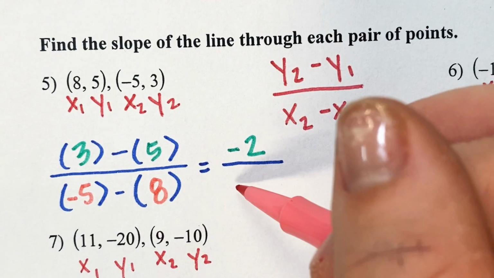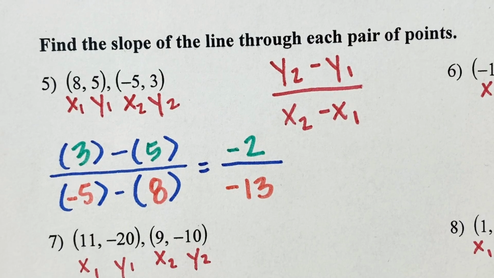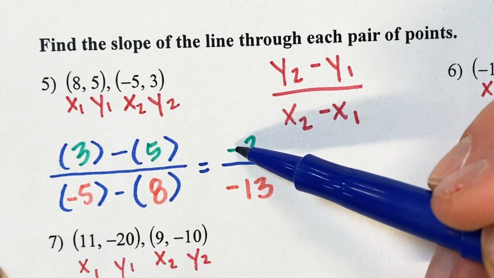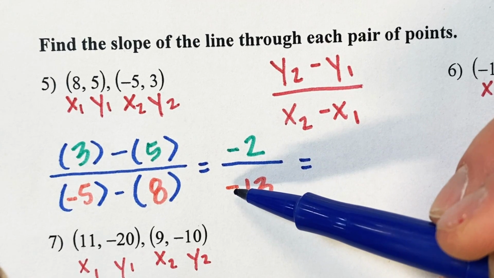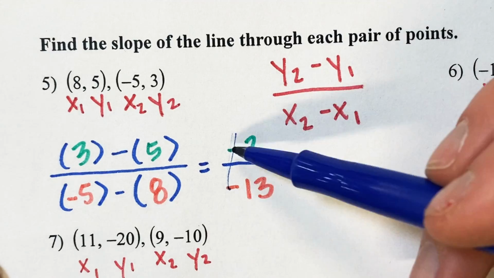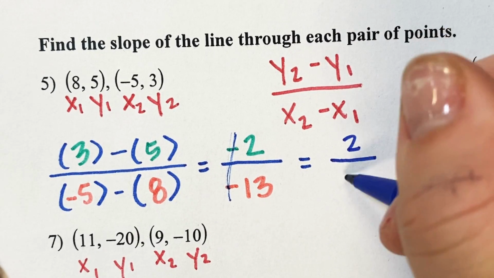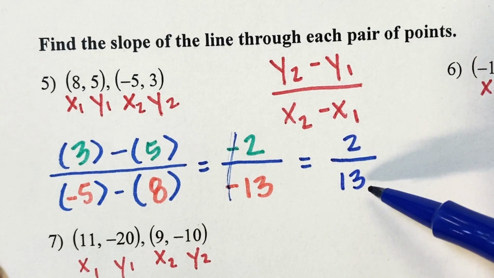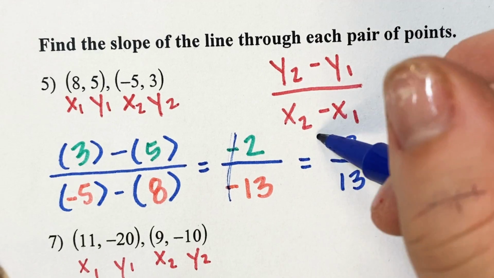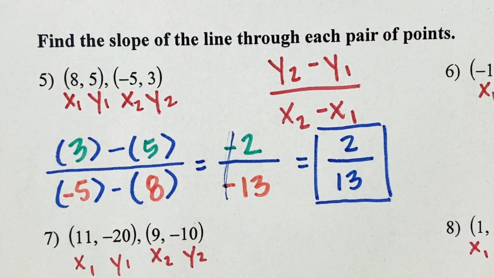That's actually going to give me negative 13. Let's reduce it. What is a negative divided by a negative? It's going to give me a positive. So those just cancel. We're left with 2 over 13. 13 is not an even number, meaning 2 doesn't go into it. So our final slope is 2 over 13.